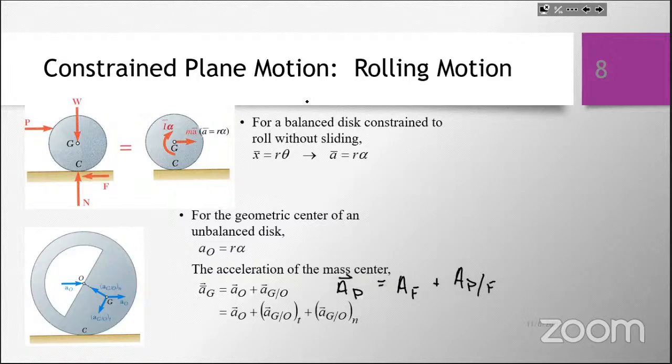Well, that's just some known acceleration plus the acceleration of this point with respect to my known acceleration. That's what we're doing here. And we can break that down into normal and tangential components again. These are the equations that we used last week. We're just bringing them back.